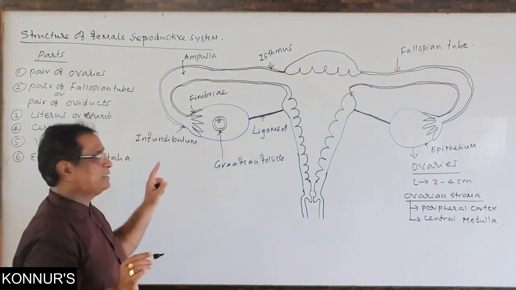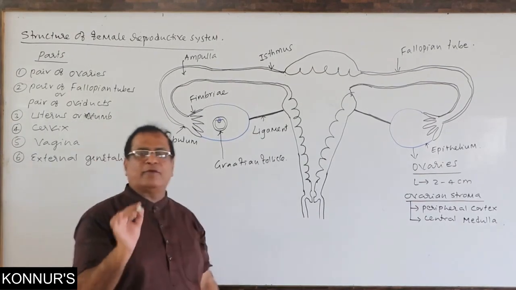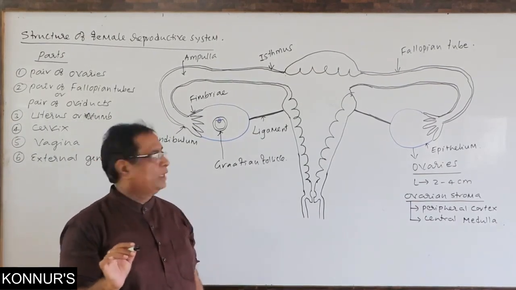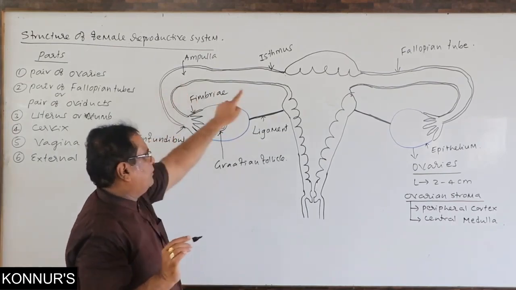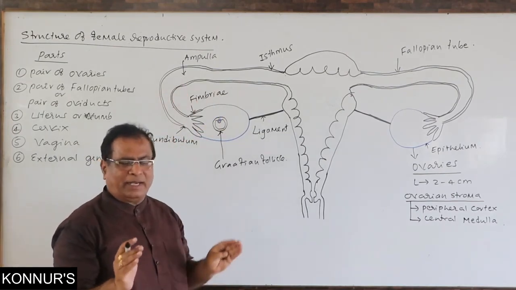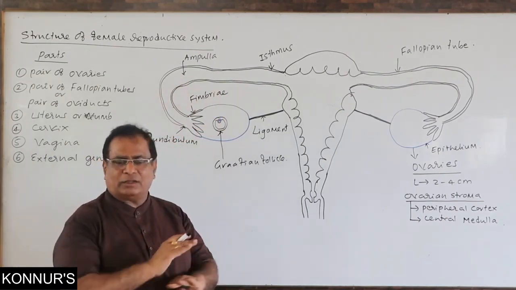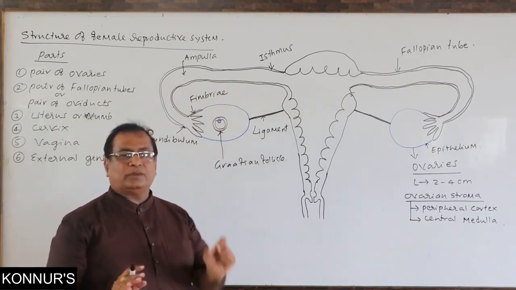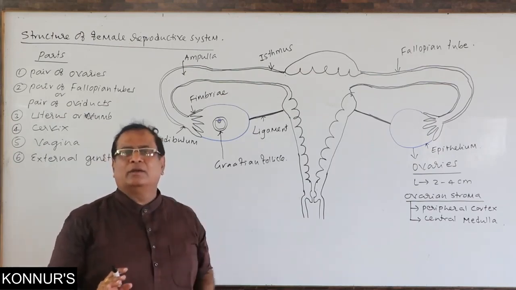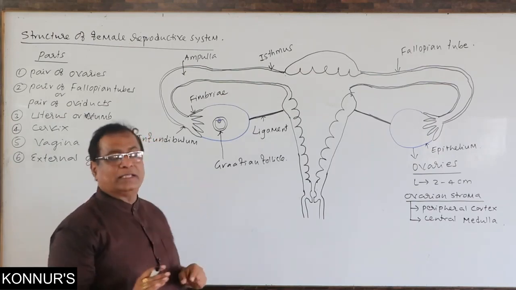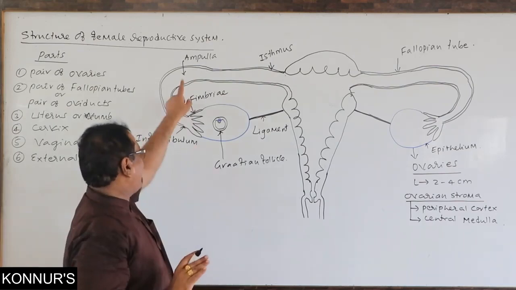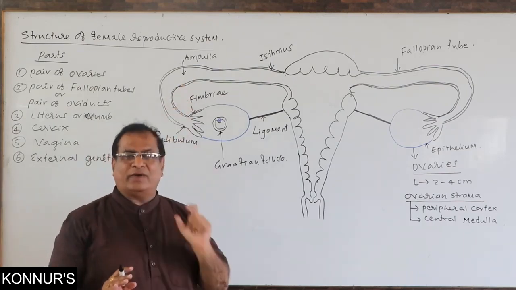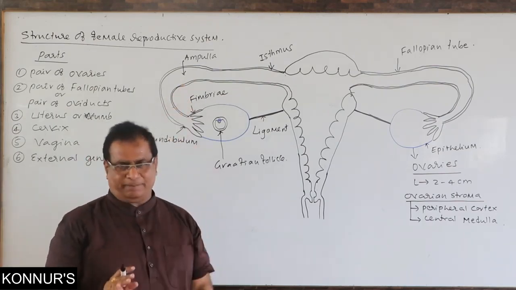Even in the isthmus, sperm and egg may face each other, but there is no chance for fertilization. Only in that enlarged portion of the fallopian tube, the ampulla, is fertilization possible.